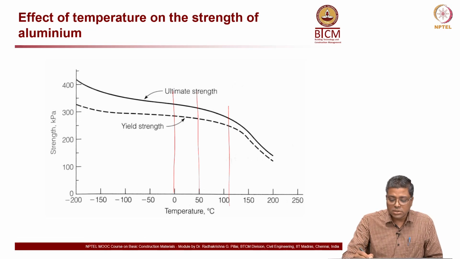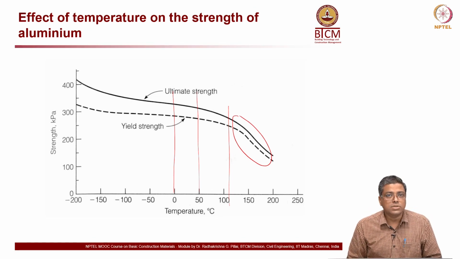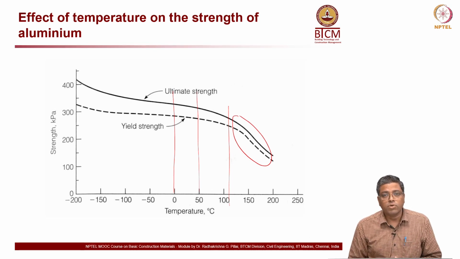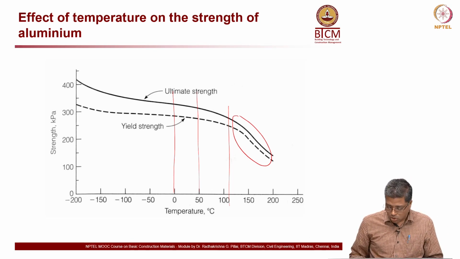So, this limits some of the applications. There is a significant reduction in the properties after about 100 degrees Celsius. So, when you suggest using aluminum for whatever purpose, you have to think about the temperature effects also.